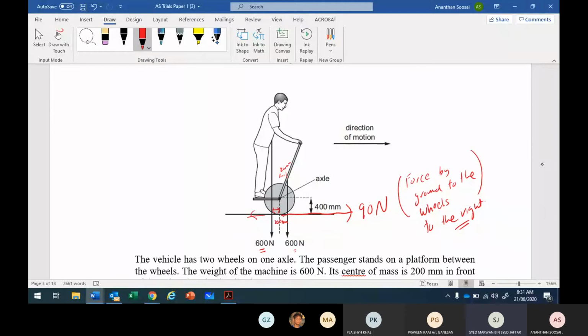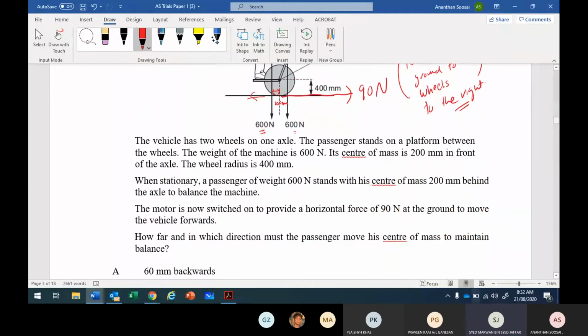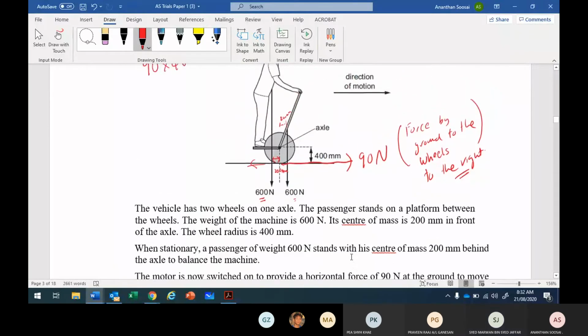So what is the moment caused by this 90 Newton? 90 times 400 mm. So now the question is, how far and in which direction must the passenger move the center of mass to maintain the balance?